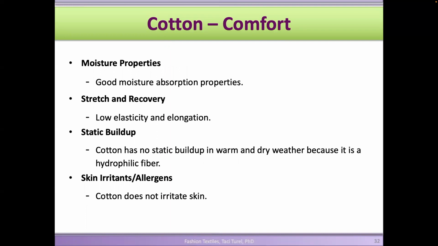When you stretch them, they don't go back to their original length, so they have low elasticity. They also don't elongate much, so they have low elongation. No static buildup because they are conductive, but it's also because they are hydrophilic. So hydrophilic fibers generally don't build static, and that's because they pick up moisture from the environment also, so they're not completely dry.